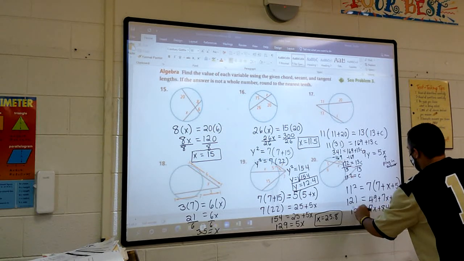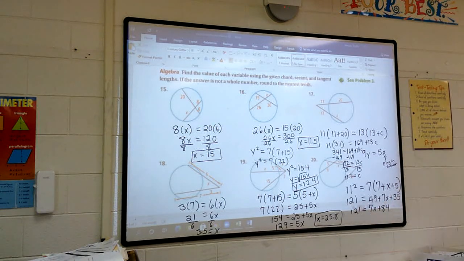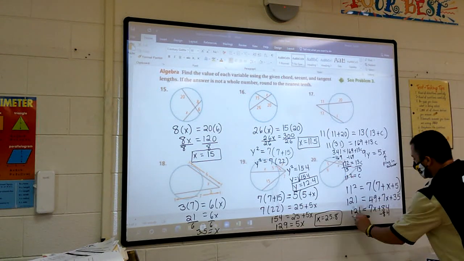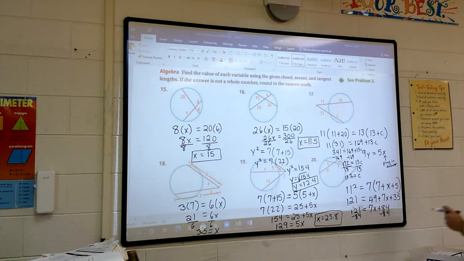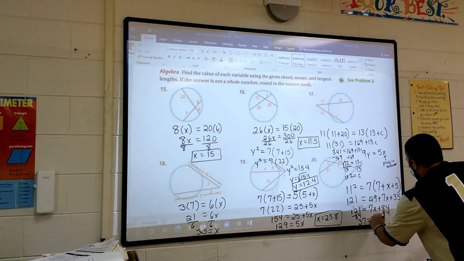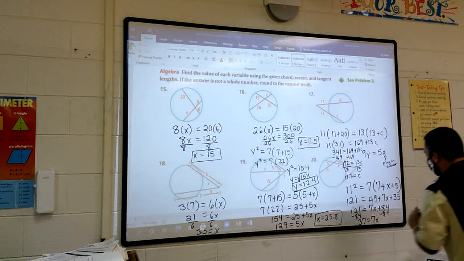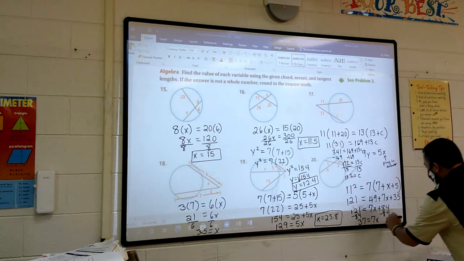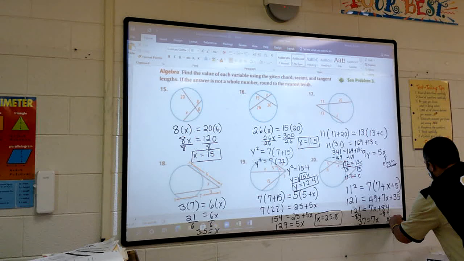And then I need to subtract the 84 over so I can solve for x. So I'm going to minus 84 from 121 so that I can solve for x. So 7x equals 37. Again, I'm about to run out of room. Divide by 7, you get 5.3. So x is 5.3. My answer there.